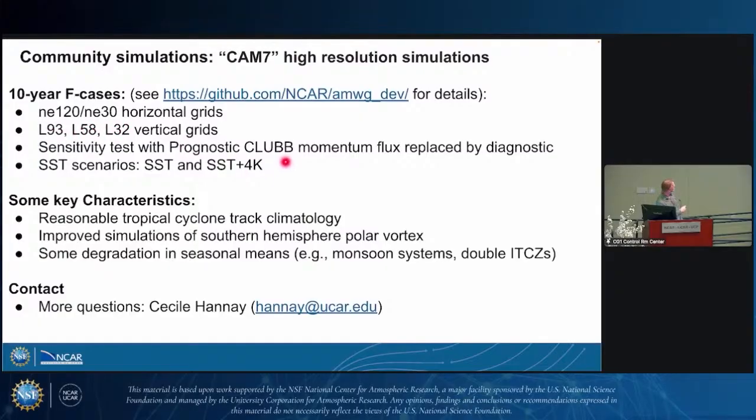We experimented with the CLUBB momentum fluxes and also did plus 4K SST experiments. Dave showed the results from some of these simulations earlier today, but if you would like to dig into this humongous data set, please follow that link up there and or contact Cecile.